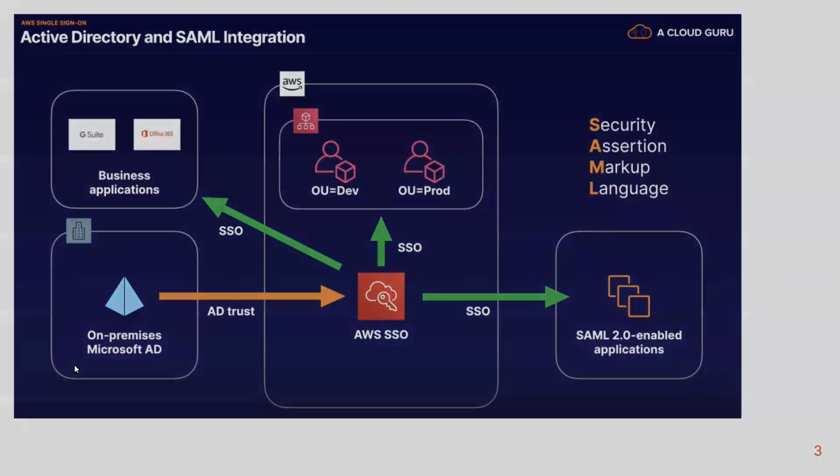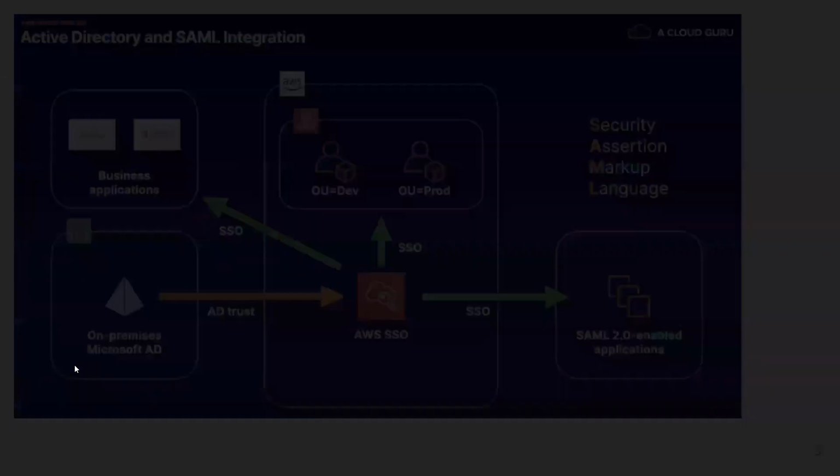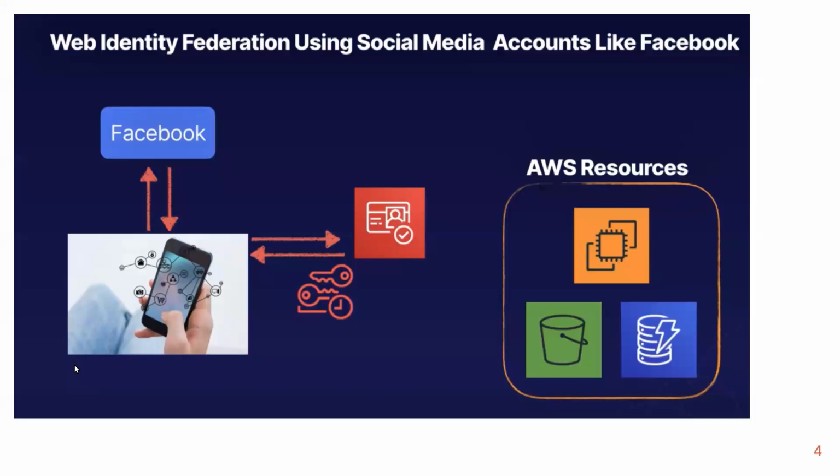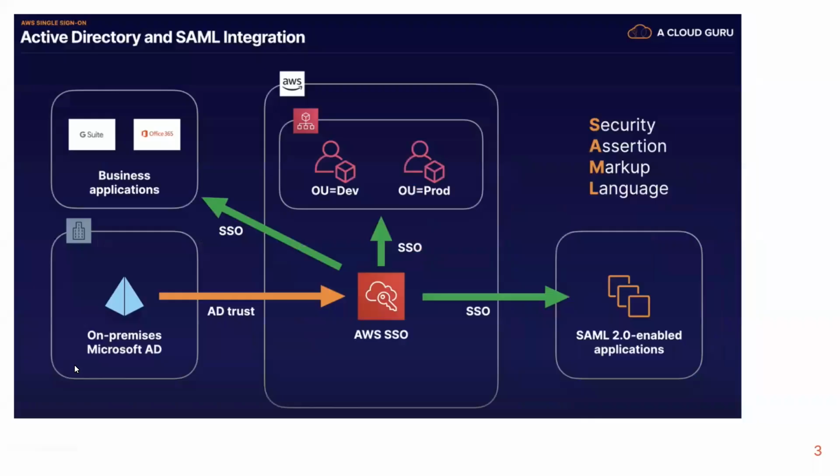First thing is, what's the difference between SSO, which is single sign-on, and Web Identity Federation? I'll tell you this in a very short way, then we'll come back to our main topic. So SSO, single sign-on, basically happens in the corporate network.